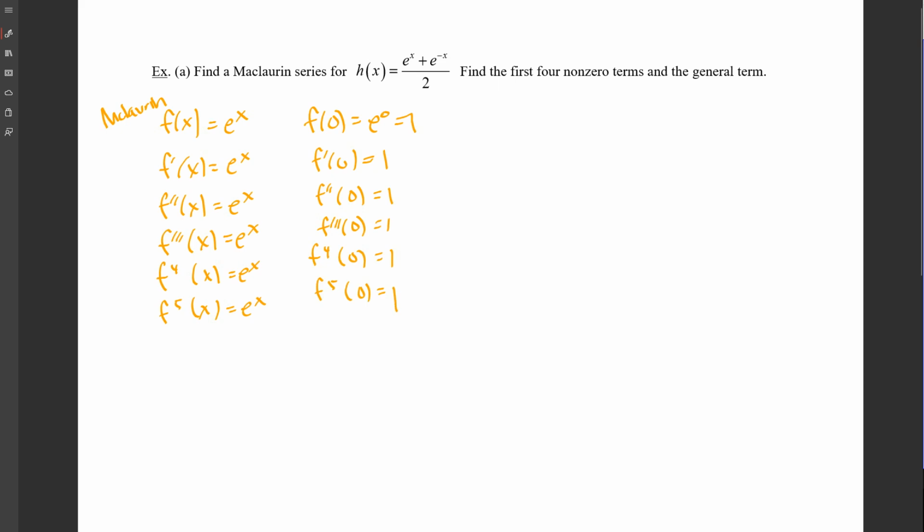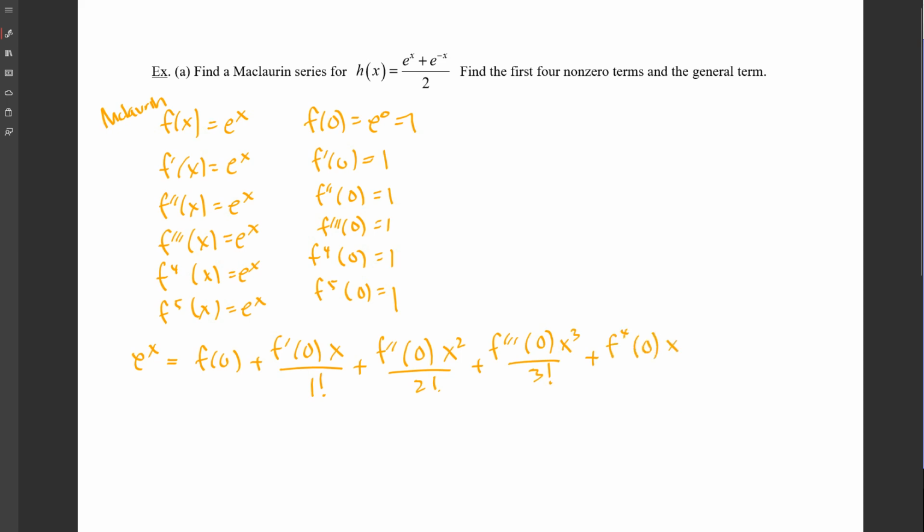The Maclaurin series for e to the x will be equal to f at 0 plus f prime at 0 times x over 1 factorial plus f double prime of 0 times x squared over 2 factorial plus f triple prime of 0 times x cubed over 3 factorial plus f fourth at 0 times x to the 4th over 4 factorial plus dot dot dot plus, and we'll think about what this is.